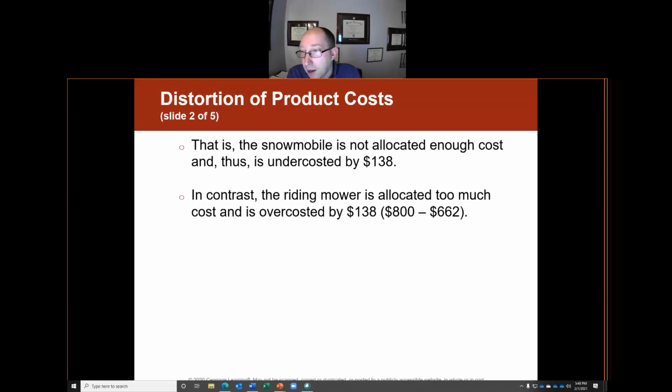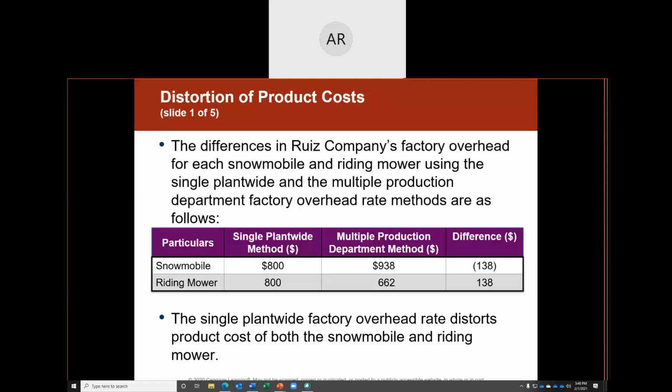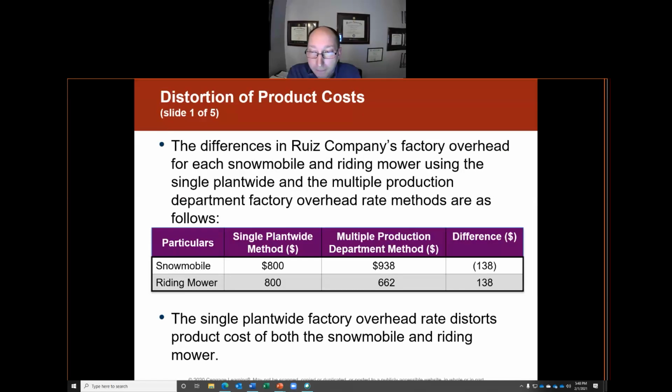Go ahead, Andre. So basically what distortion cost is, what I'm understanding, is that we take the total of our three methods, or two methods in this particular slide, single plant-wide and multiple production, and then we basically subtract them to get the difference between the two. Yes, sir. And fine-tune that to our bottom line. Yes, 100% correct.